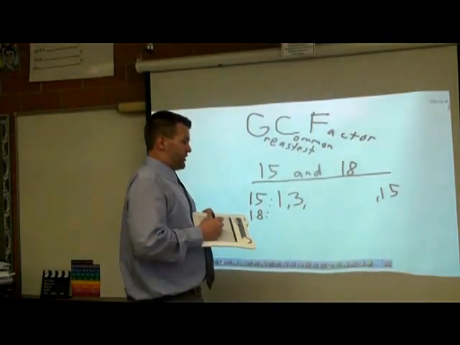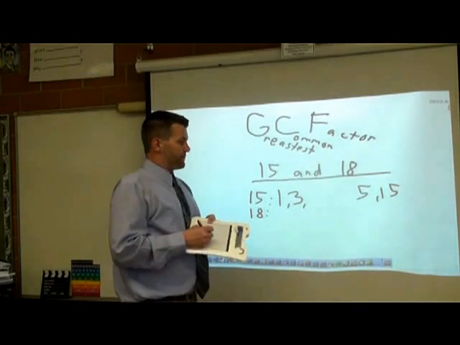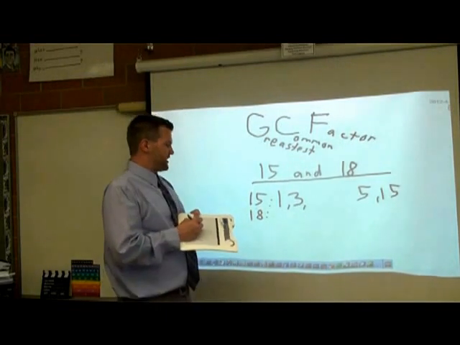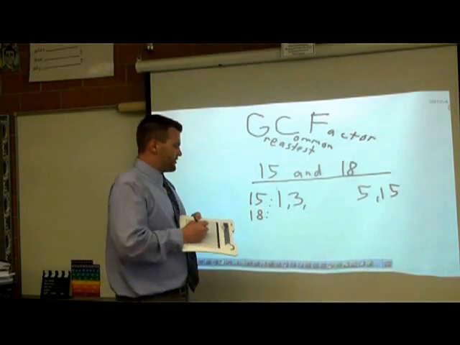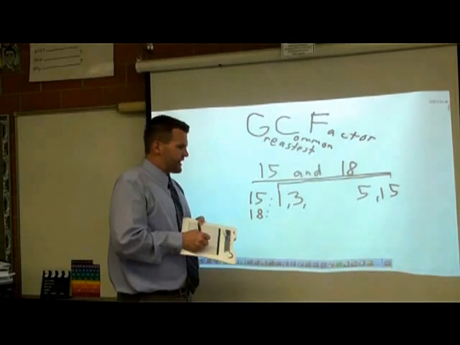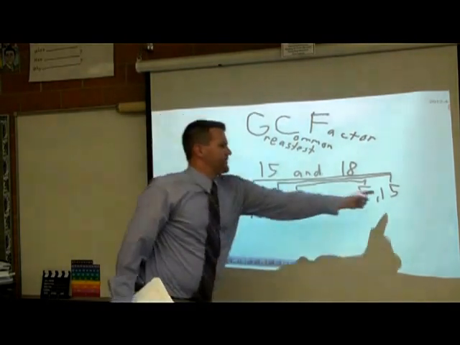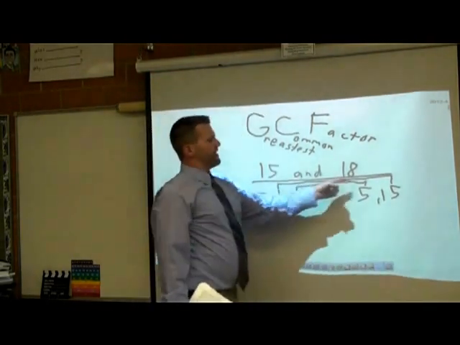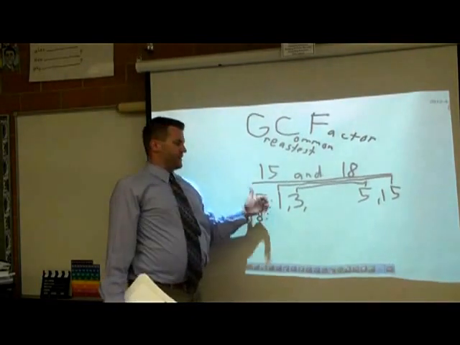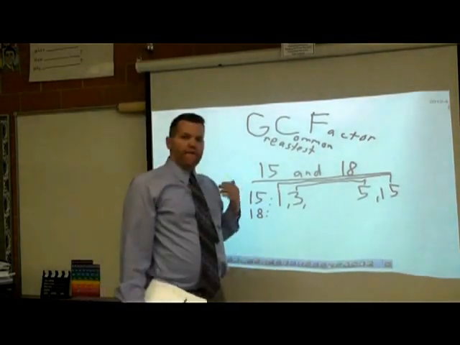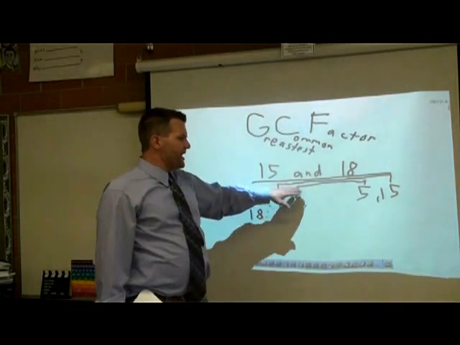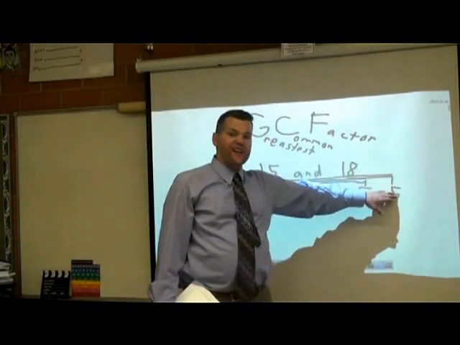And so 3 times 5 is 15. You can see how these go together here. I'm working my way going in. So 1 times 15 is 15, and 3 times 5 is 15. These are all factors of 15: 1, 3, 5, and 15.